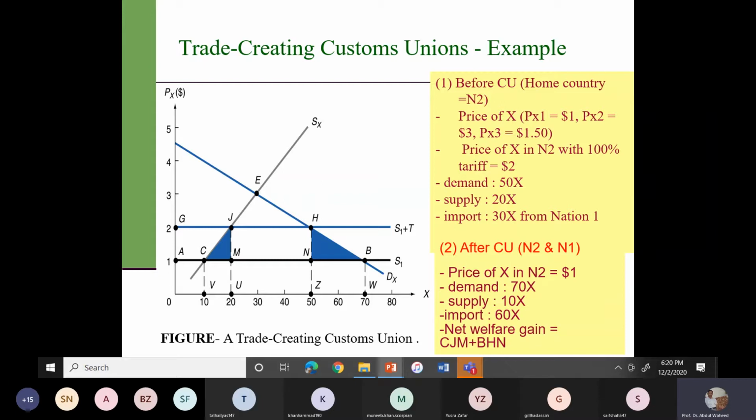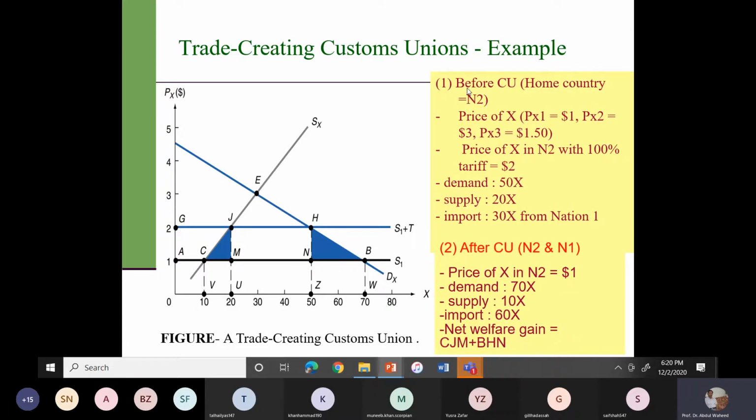Trade diversion will occur whenever the customs union is with a high cost provider. If the customs union is with the low cost provider, there will not be any trade diversion, only trade creation. But if the customs union is with a high cost provider, then there will be trade creation and also trade diversion.